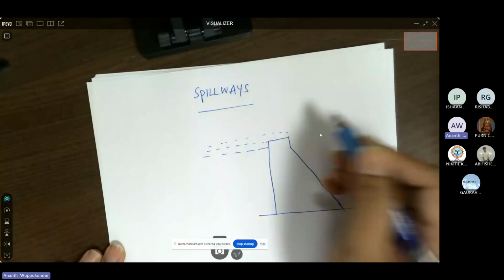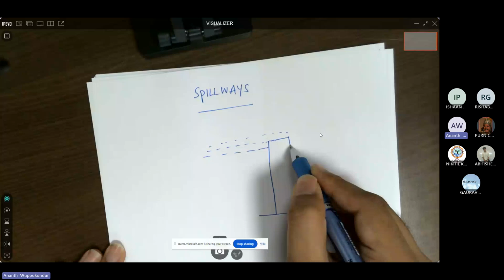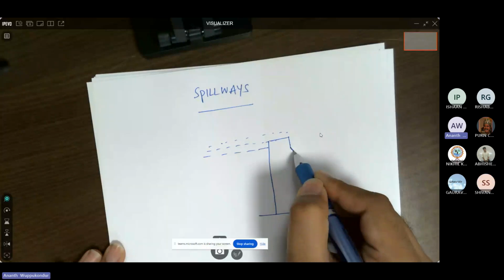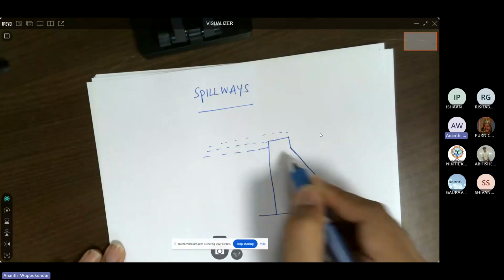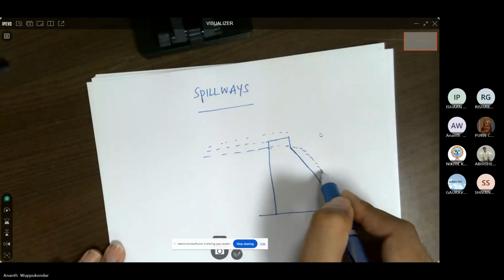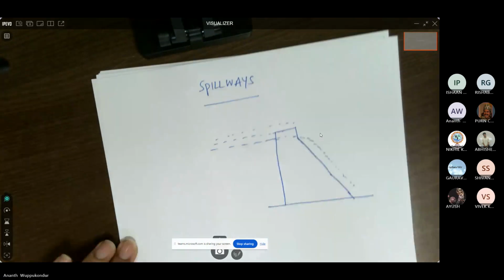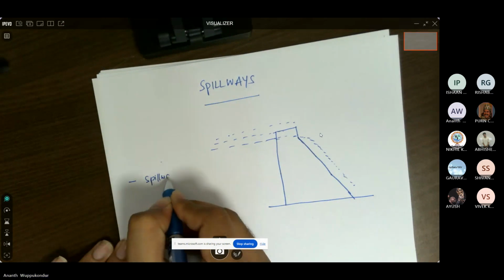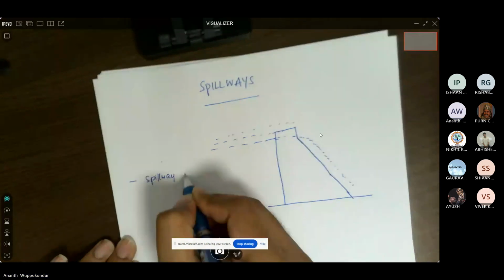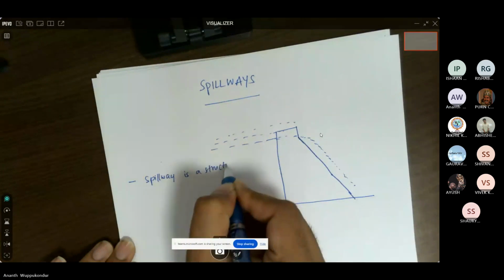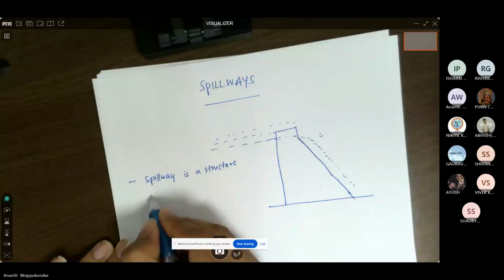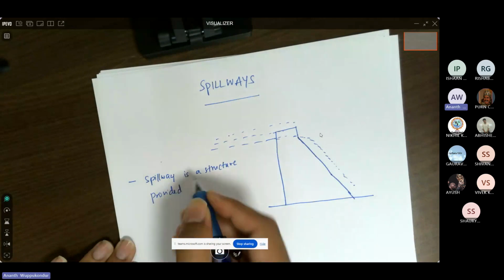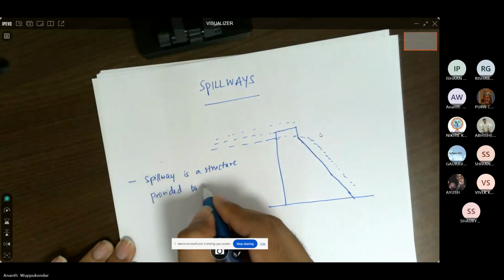So now what we do is we construct a spillway on the downstream so that the water can be discharged through the spillway. So a spillway is a structure provided to safely discharge water.